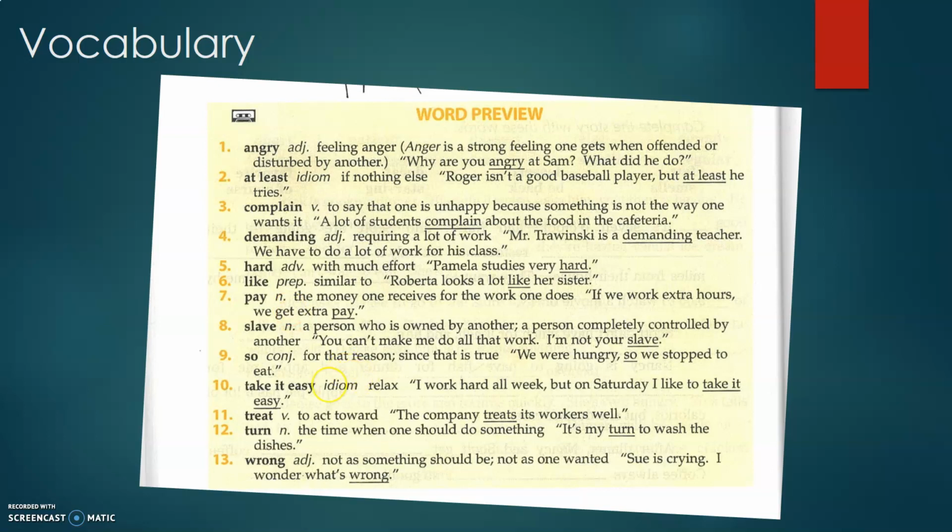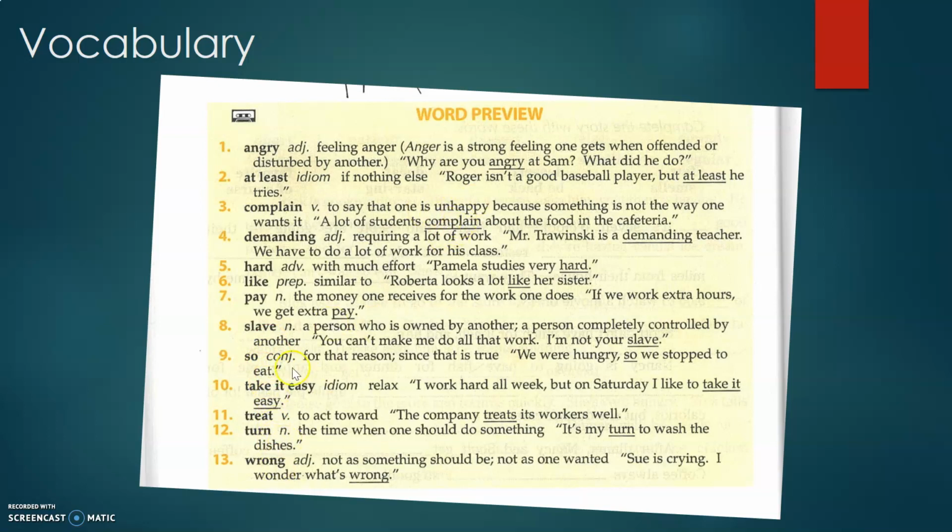Okay, before we go any further, I would like you to write sentences using these words. I want to make sure that you know how to use them and that you know their meanings. There are 13 words and phrases here: angry, at least, complain, demanding, hard, like, pay, slave, so, take it easy, treat, turn, and wrong.